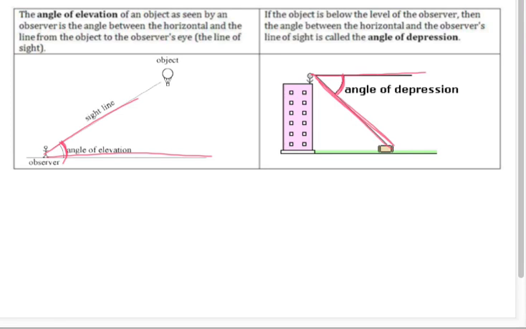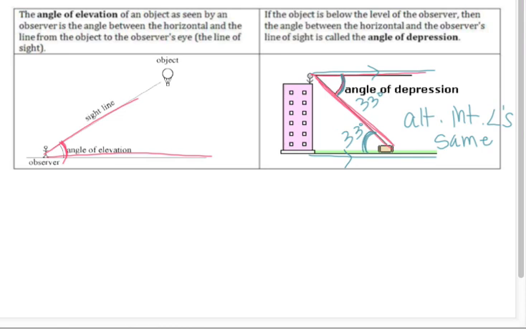One thing that will be important to remember from geometry is that if I have this angle and this angle, since this is a parallel line and this is a parallel line, they are alternate interior angles. And remember, alternate interior angles are the same. So if this is a 33-degree angle, then this is a 33-degree angle. One thing to keep in mind.